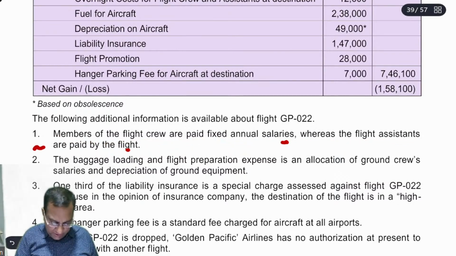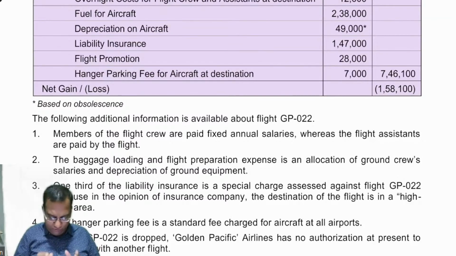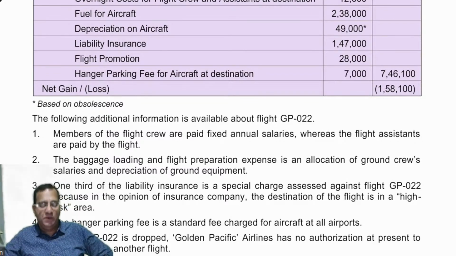Based on this point number 1, please tell me whether the salary of crew members and salary of flight assistants are relevant or irrelevant, or one is relevant and the other is irrelevant. I'm waiting for your answer, beta. Point number 1. Flight crew are paid a fixed annual salary, while the flight assistants are paid by the flight. Paid by the flight means they are paid per flight.